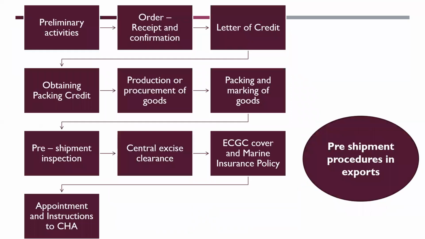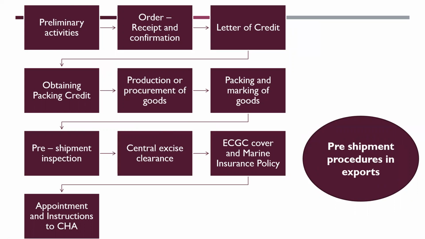Okay. So once we appoint a CHA and give away the instructions, what kind of instructions will we be giving him? He was not with us till the time of all these 9 steps that we took. In this whole process, CHA was not with us. So CHA is not aware of what all things we have done, what kind of goods we are exporting, who our importers are, nothing that CHA knows.